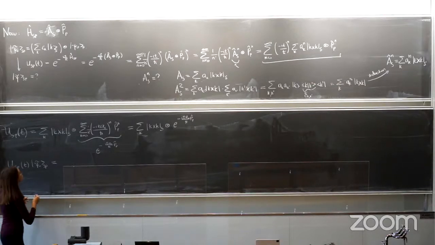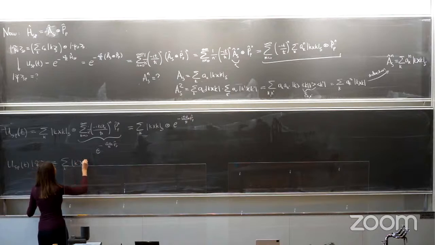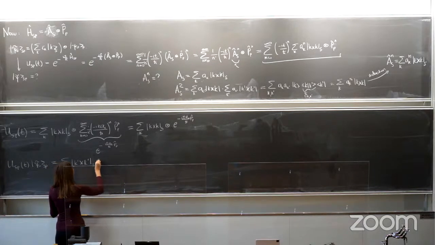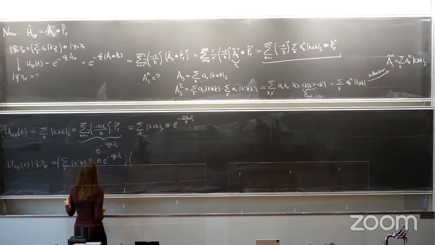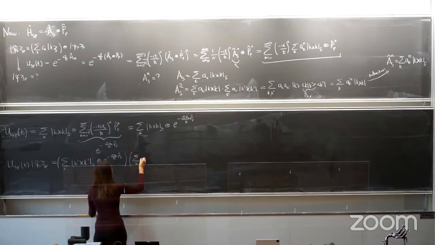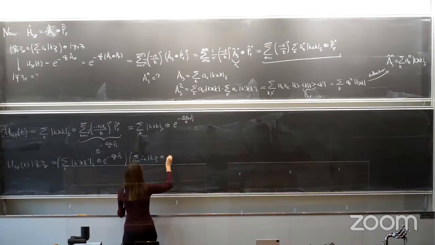So we apply sum over k prime, |k'><k'| on S, tensor product e to the power minus iT a_k over h bar P. And this we apply to sum over k, c_k |k> on S, tensor product, just psi 0 on P.